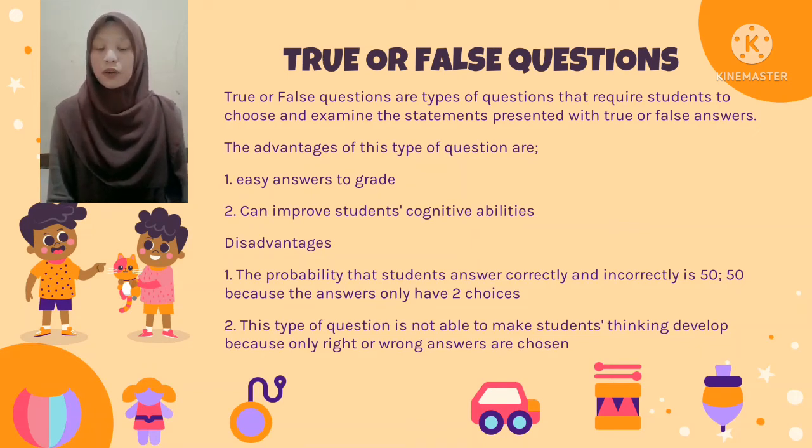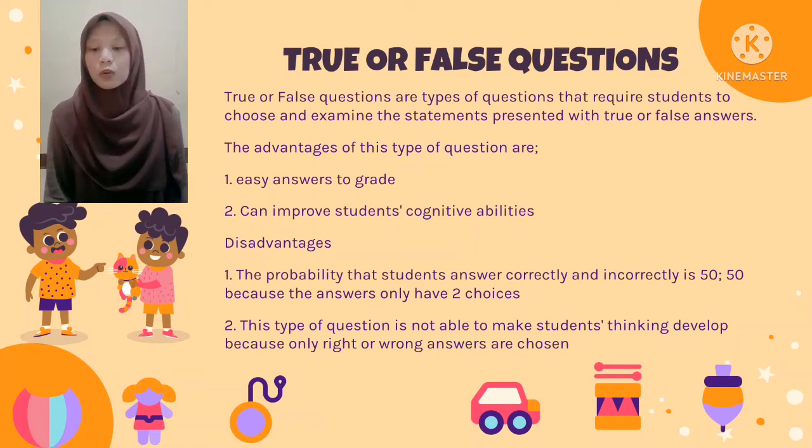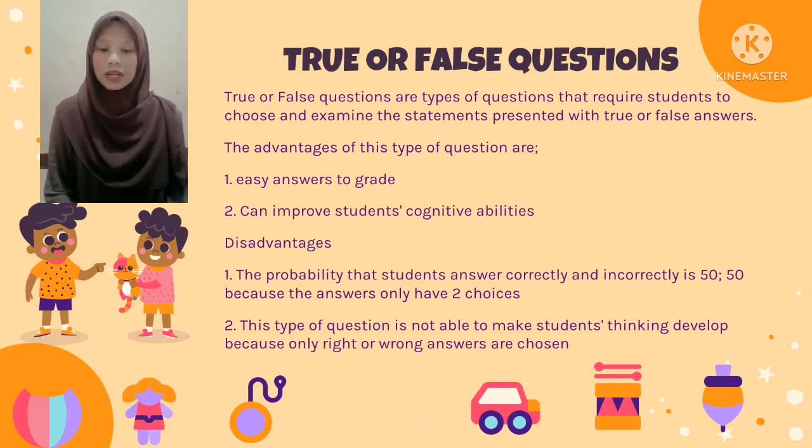For disadvantages, the probability that students answer correctly or incorrectly is 50-50 because there are only two choices. And this type of question is not able to develop student thinking because only right and wrong answers are chosen.